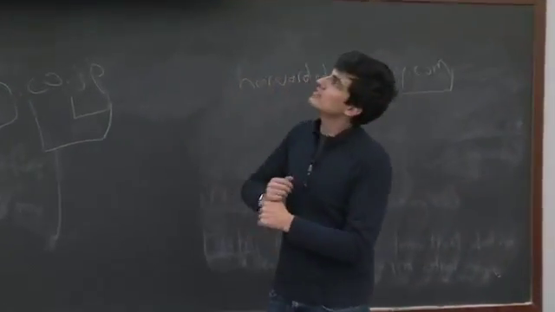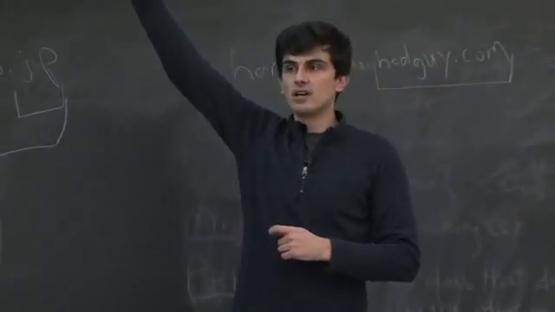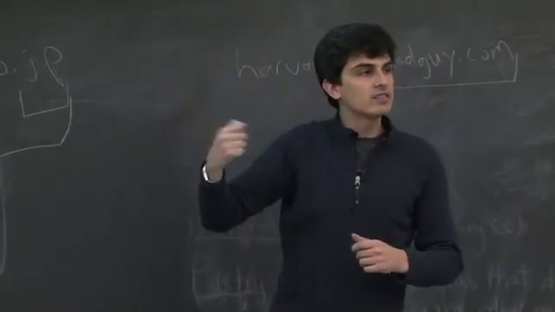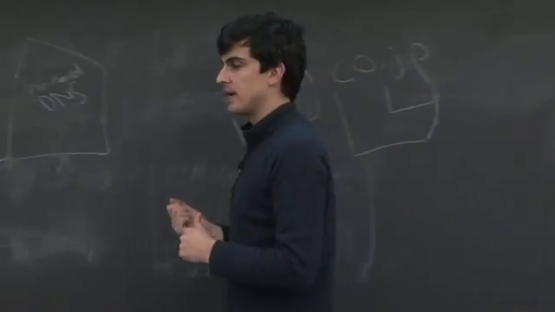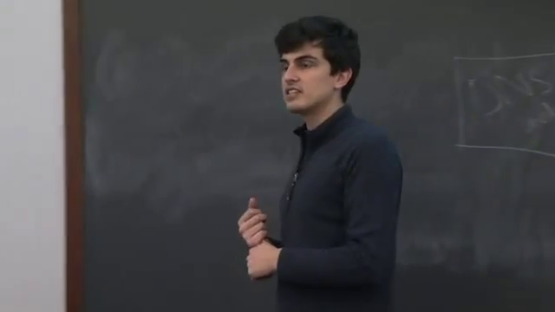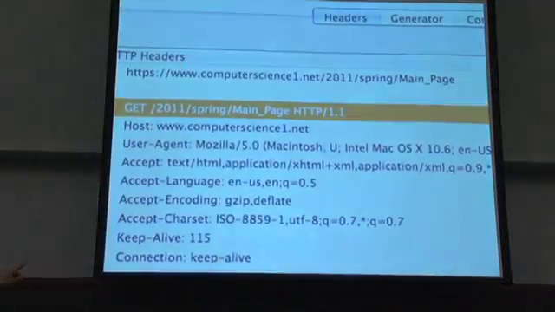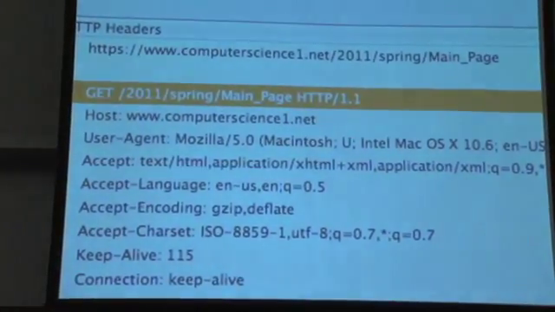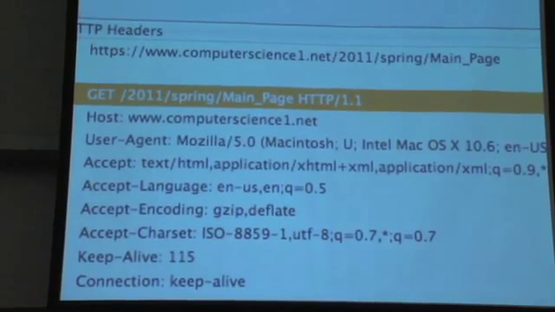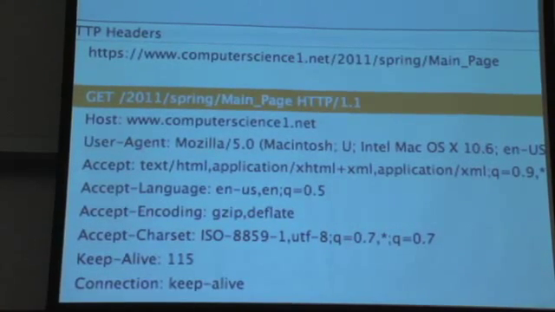First of all, you can see that I'm trying to get a web page, the contents of a web page. Next, the very next thing that you see is the page that I want on this server. In this case, it's /2011/spring/main_page. And you can see that that's part of the request at the very top, just without the server, because we're already connected to that server.